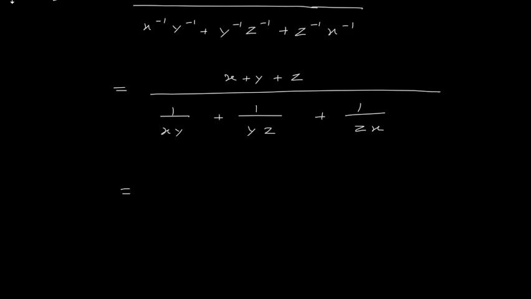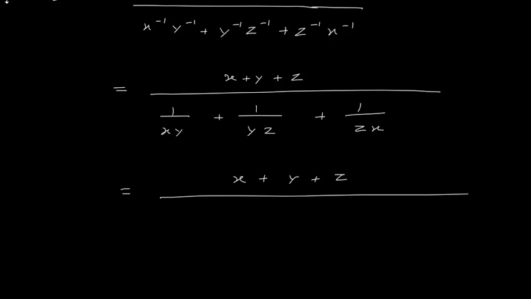Now x plus y plus z is in numerator, and in my denominator I cannot add them till their denominators are the same. So I will take the LCM of xy, yz and zx, which is xyz.